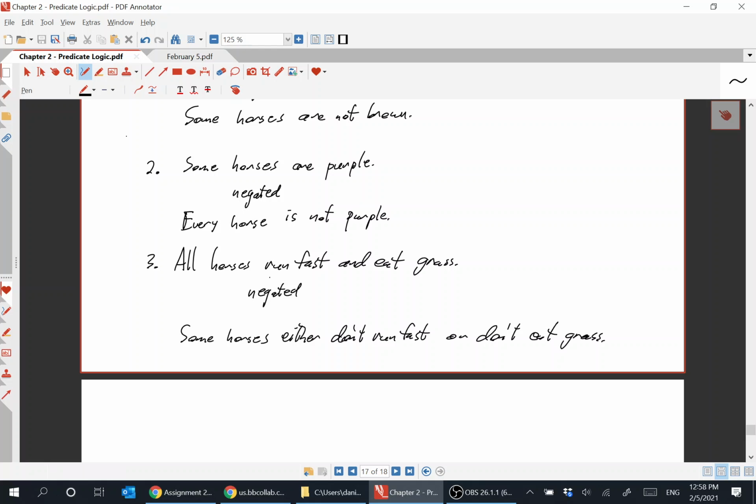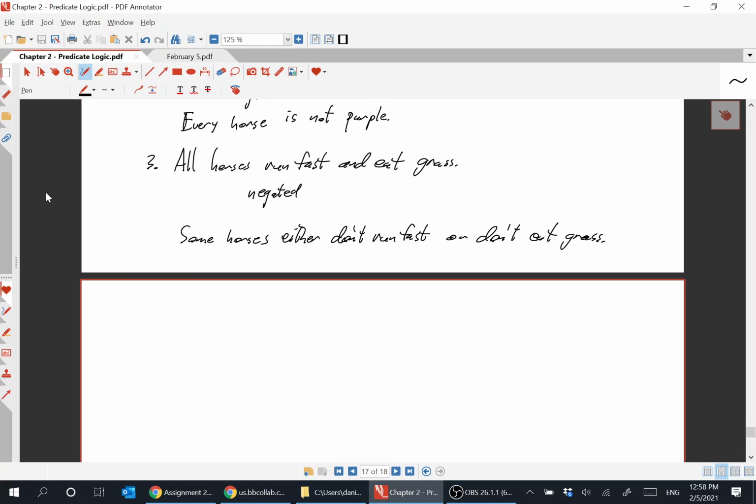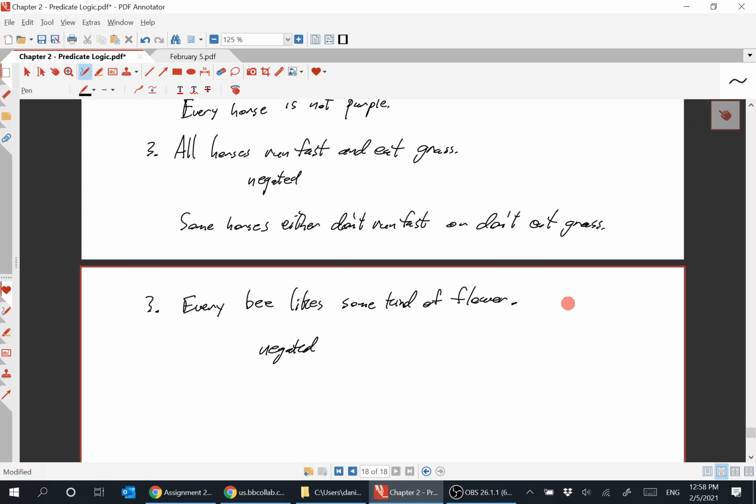How about something like this? Let's take a doubly quantified statement. Every bee likes some kind of flower.